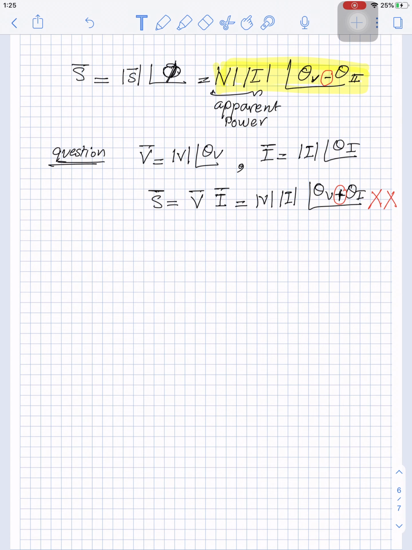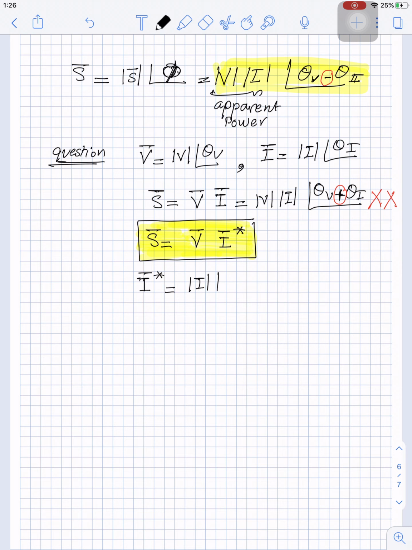So how can we make this correct? How can we make the angles subtracted, not added? By writing S equal to V I conjugate. And conjugate means you reverse the angle of the current I. So I conjugate is I with an angle of negative theta I, magnitude I. So when you multiply V I conjugate, you will get S vector.